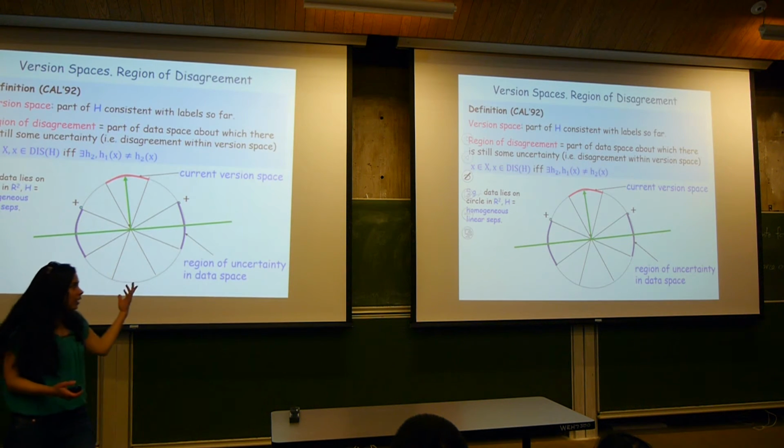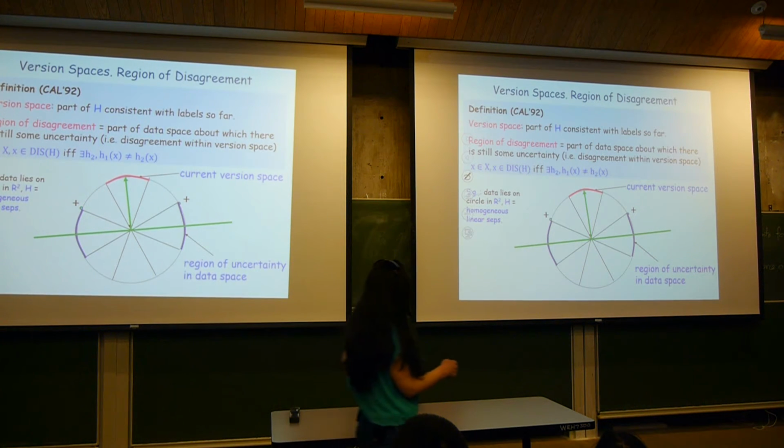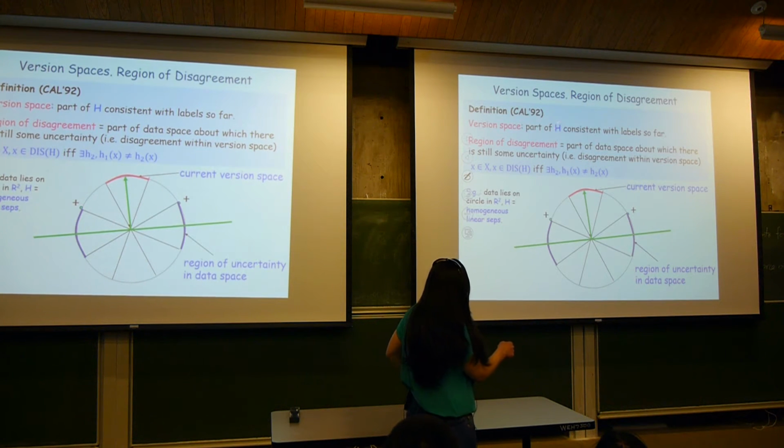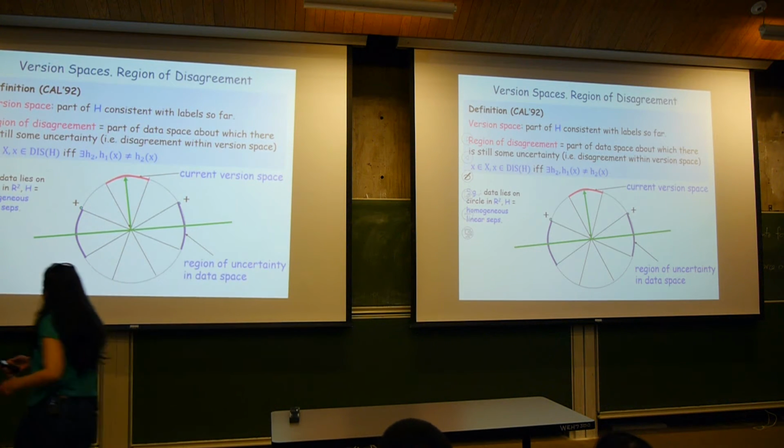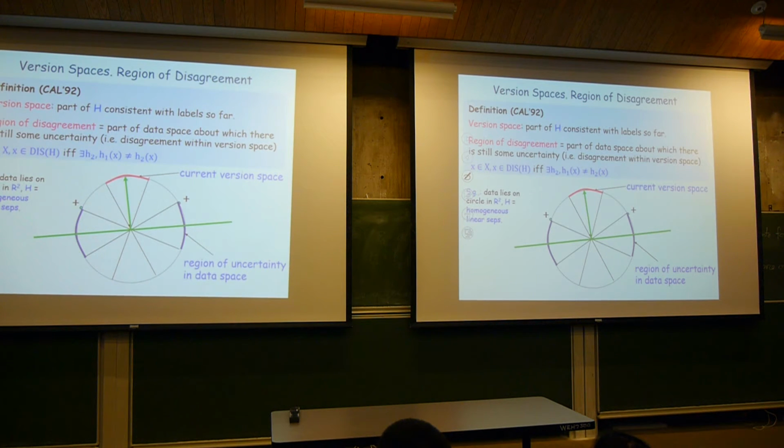Okay, so then I can define exactly this quantity. Given a set of classifiers H, I define the region of disagreement of the version space.